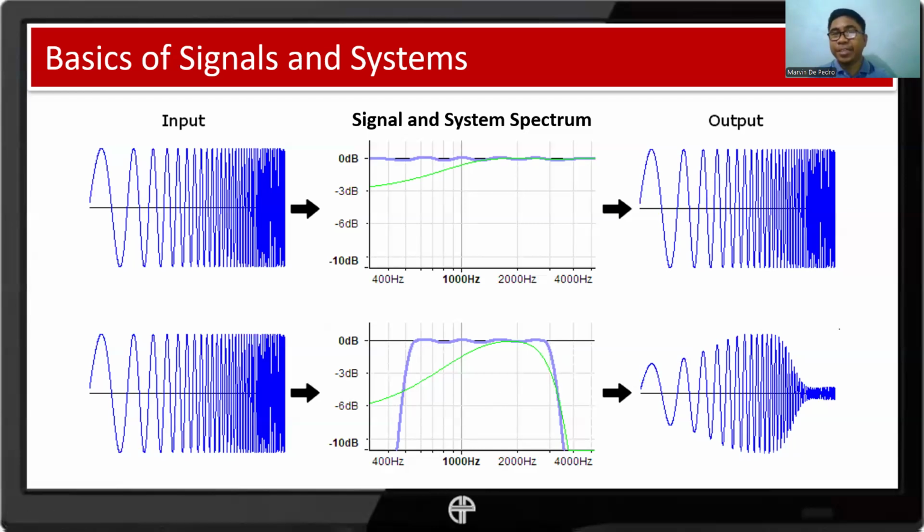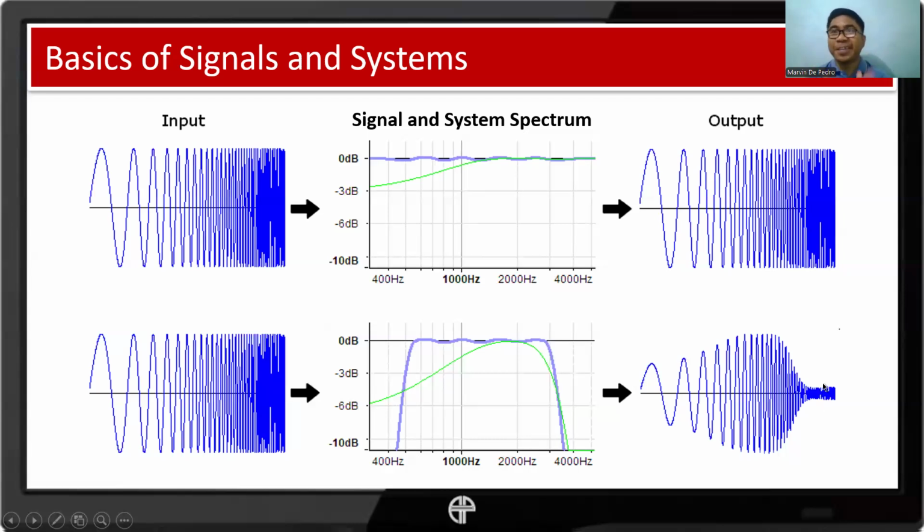Remember, our scale here is logarithmic. So from 400, we go to 1,000 and then 1,000 to 4,000. So if this is 3,000, this could be 3,500. So meaning around 500 hertz of frequency components have been removed in this part.